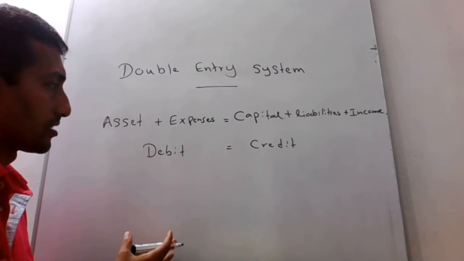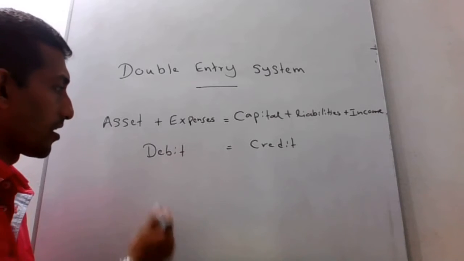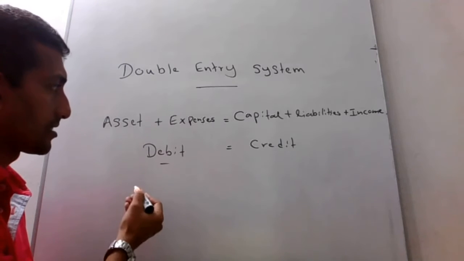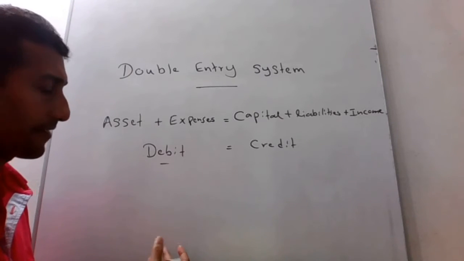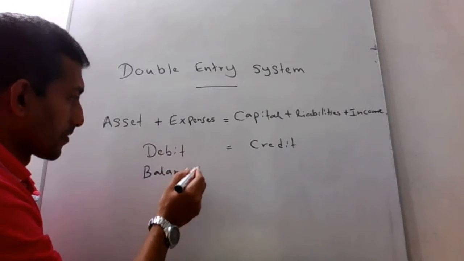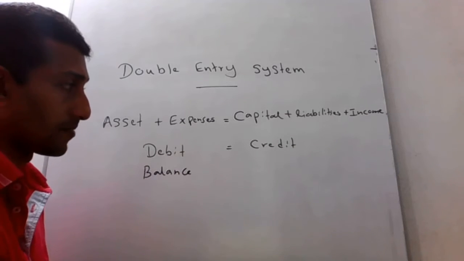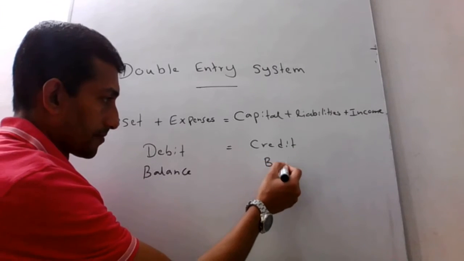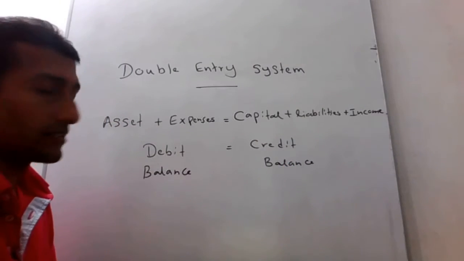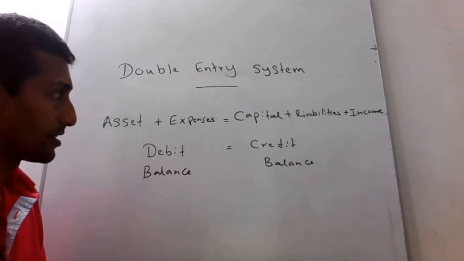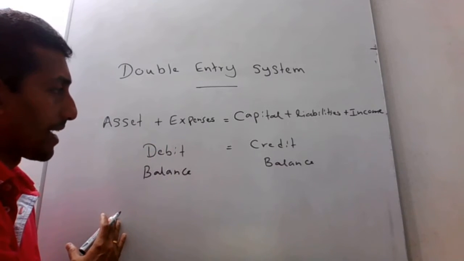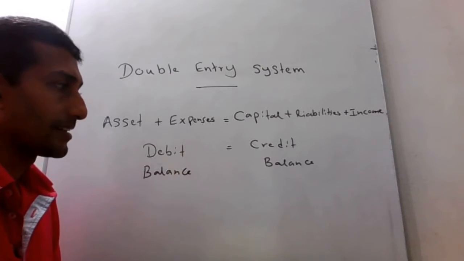All the ledger accounts of assets and expenses must have a debit balance, whereas capital, liabilities and income should have a credit balance. So at the end of the transaction, the total debit balances must always tally with the total credit balances.